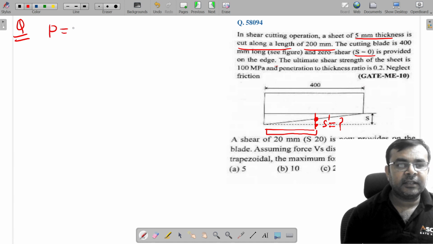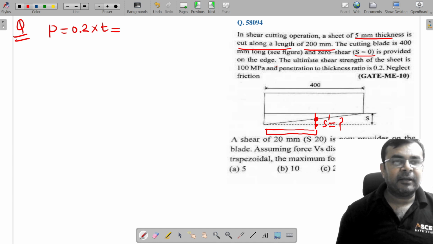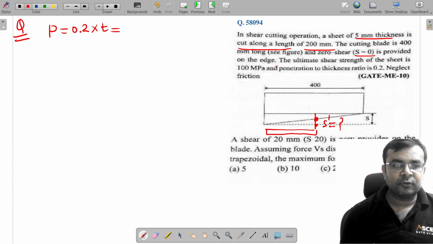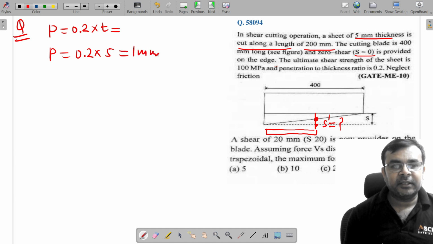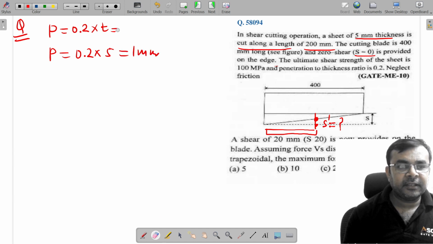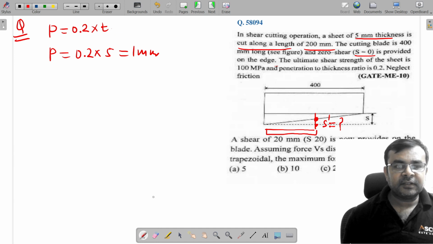So P by t is given here, that is 0.2. So P is equal to 0.2 into thickness, and thickness is given, that is 5 mm. Can I say this is 1 millimeter? Is that clear? So this is penetration which is given in the question.